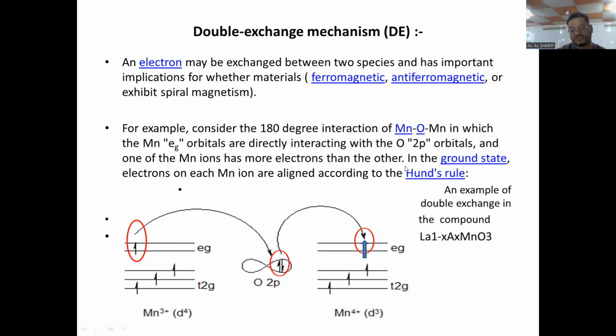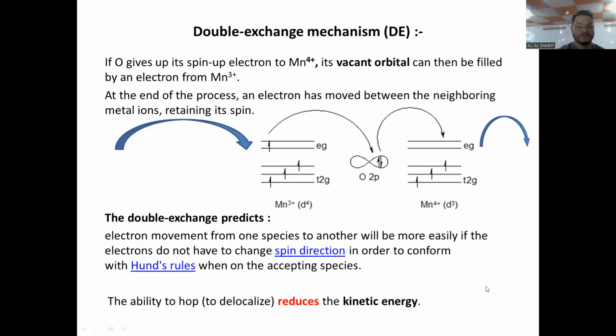Here has more electrons than the other, and the ground state at this place, all of these have 3 electrons in the same spin direction. The oxygen gives up its spin of electron to manganese. Its vacant orbital can then be filled by an electron from manganese 3 plus.